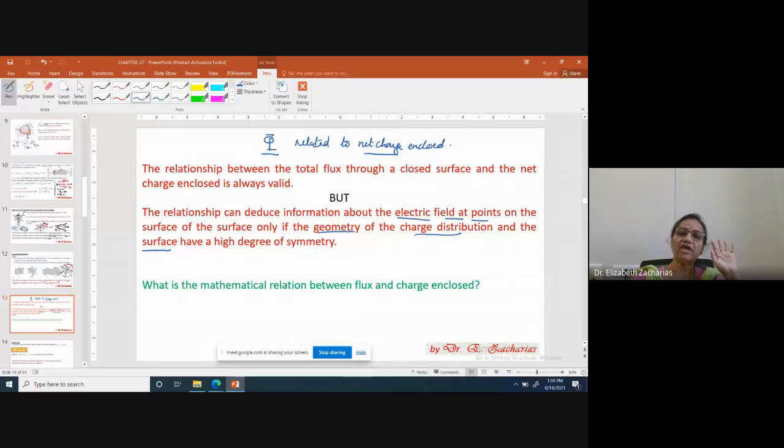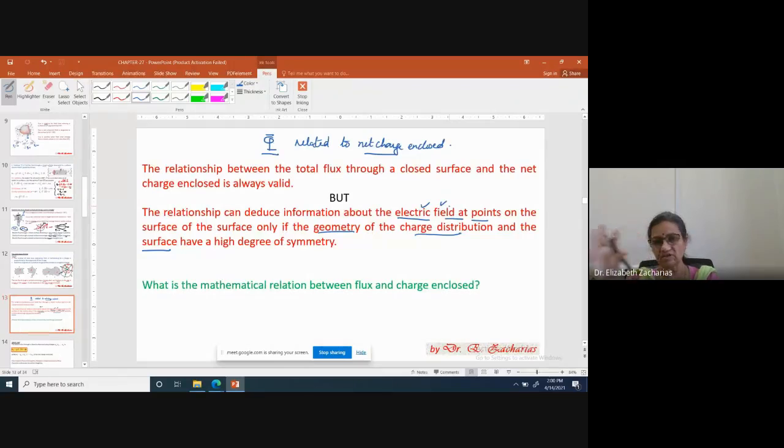The relationship between phi and charge is always valid, but you can put this to use and evaluate the electric field at some point if the geometry of the charge distribution, whether it's a line, a sphere, or a shell, and therefore the geometry of the electric field, match with the geometry of the surface you are considering.